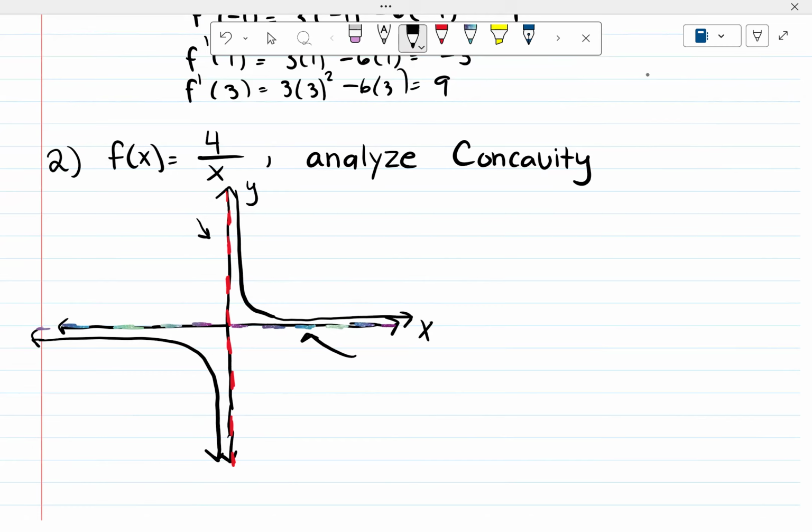And the question says, analyze the concavity. So we have to analyze the concavity.